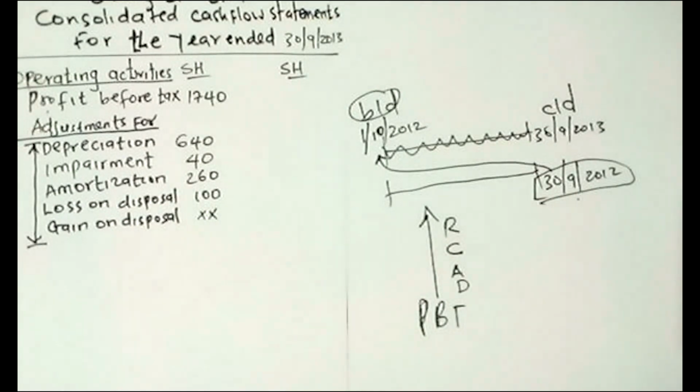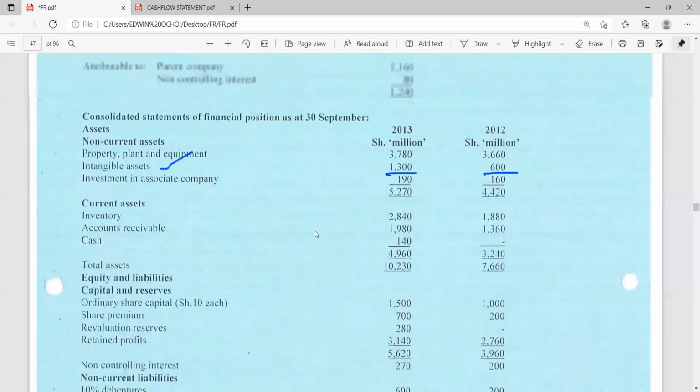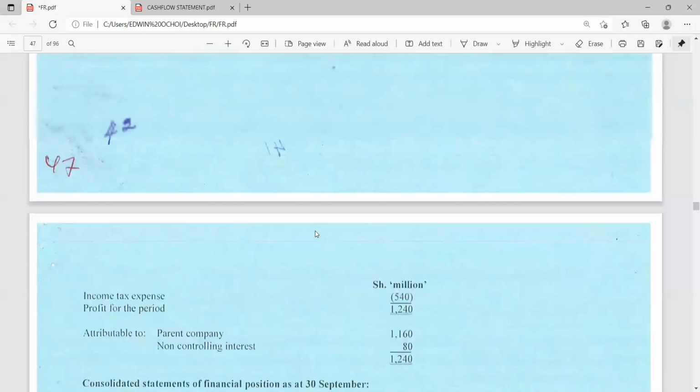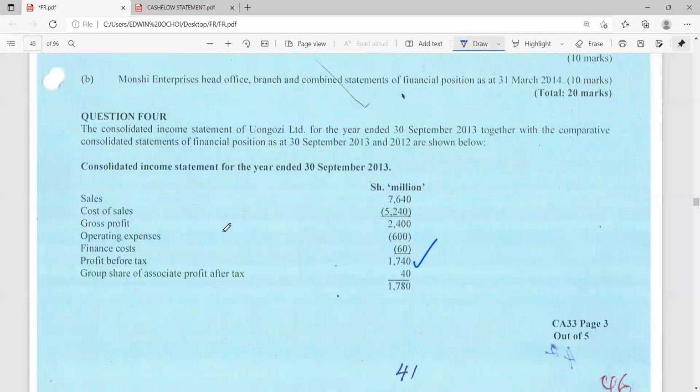The others which are remaining are non-operating. You adjust them against your profit before tax. So we have sales. Other than sales, cost of sales, that is operating, and operating expenses. Operating expenses are made up of which expense and which expense?